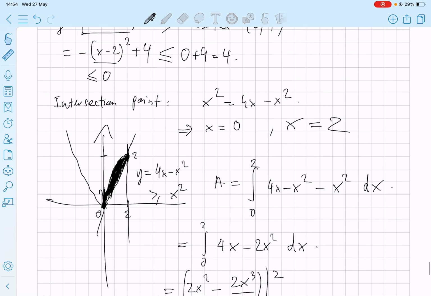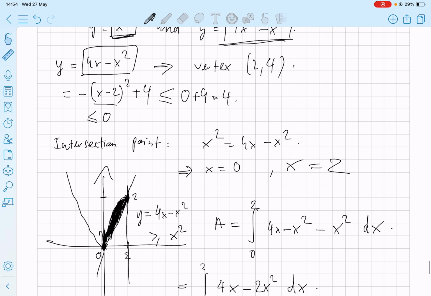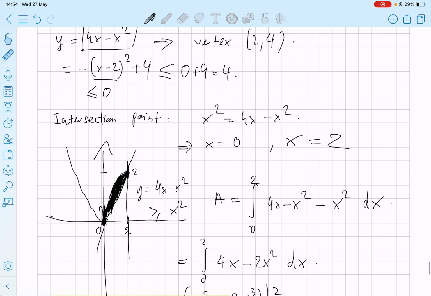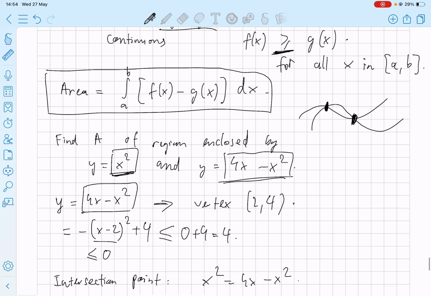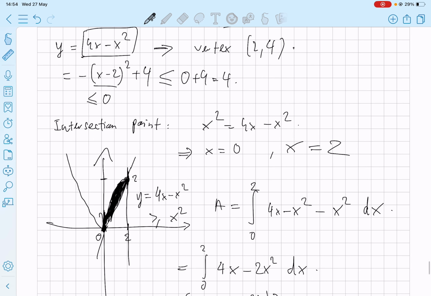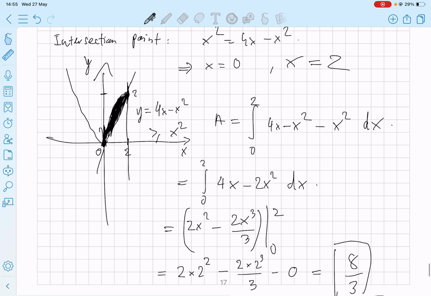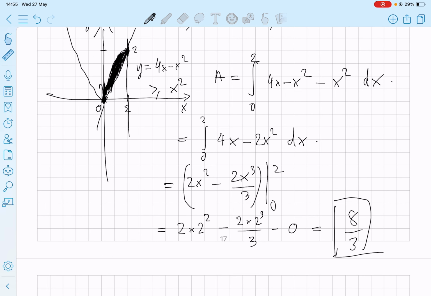So this first example is kind of easy. The only thing you needed to do was graph these two functions on the Oxy plane, and use the formula that I provided to find the area really easily. You don't have to split anything.